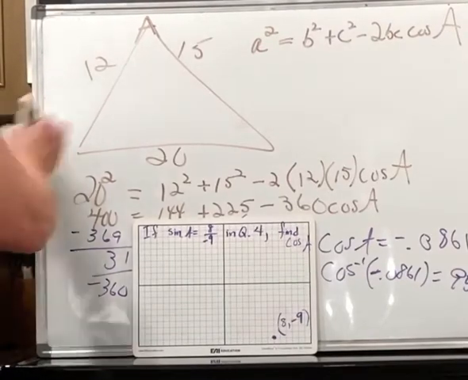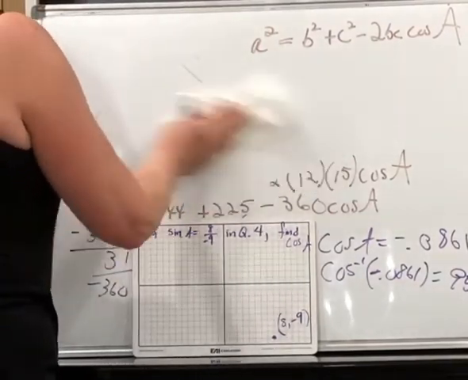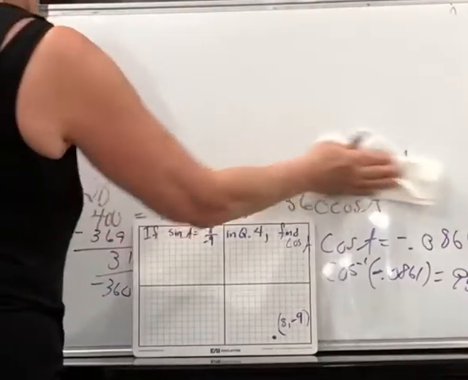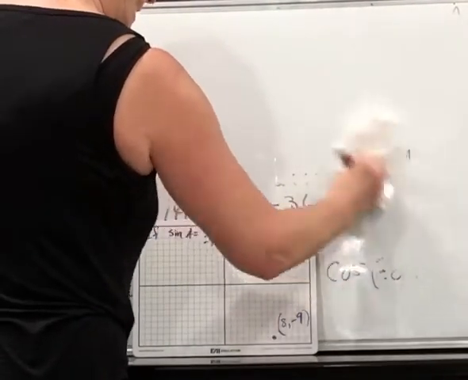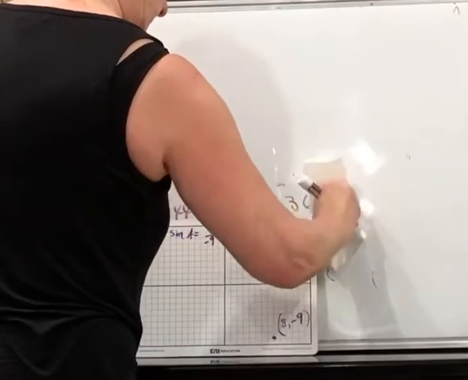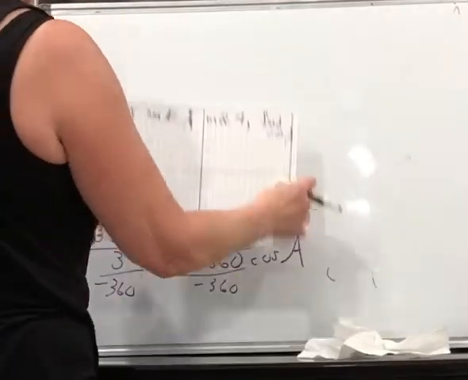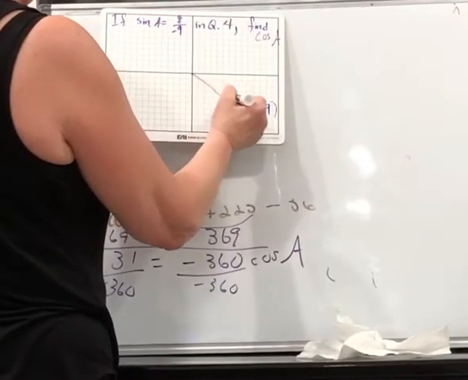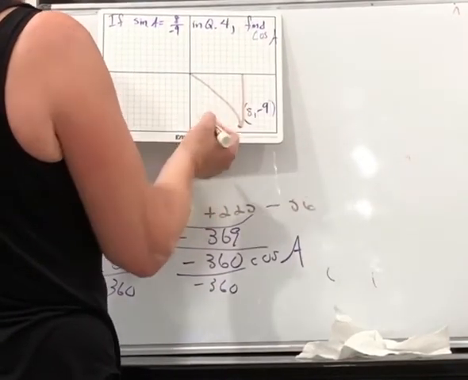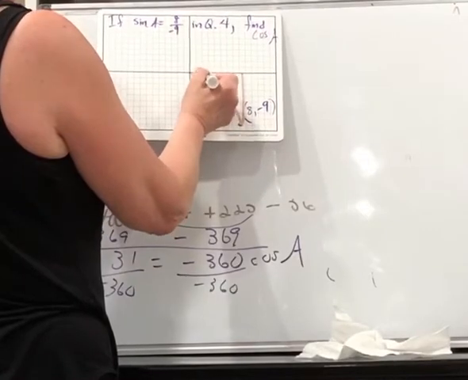So if I have that problem graphed properly, a point in quadrant 4 is the terminal side. And so I have to make a right triangle coming out of the origin like this. Here's where my theta would be.